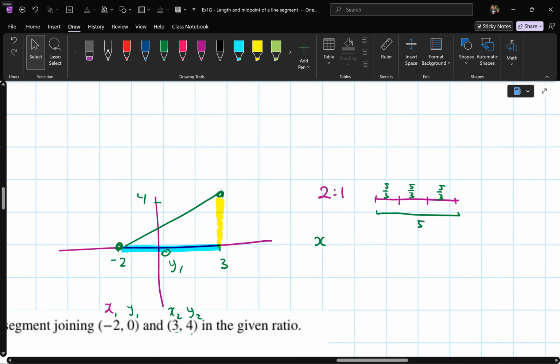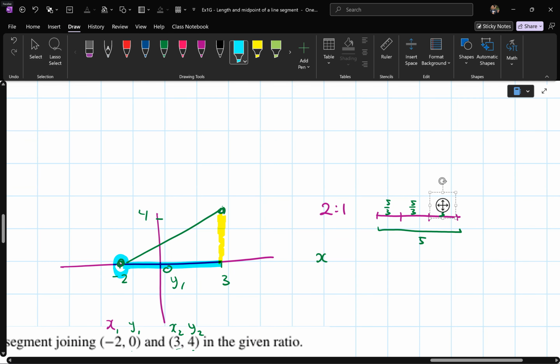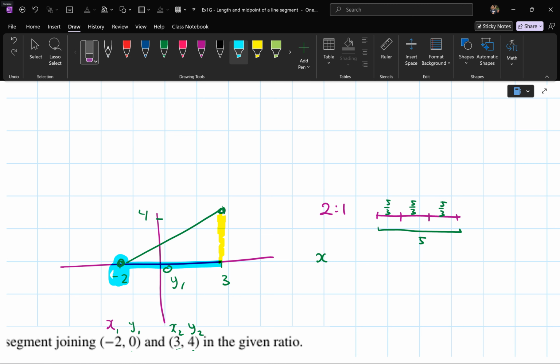Now, you're starting off at -2, and you work towards 3. So starting point is -2, and if you want a 2-to-1 ratio, that means you need to jump 2 blocks. So to get the x coordinate, it should be -2 plus double of 5/3, because you need 2 of them.